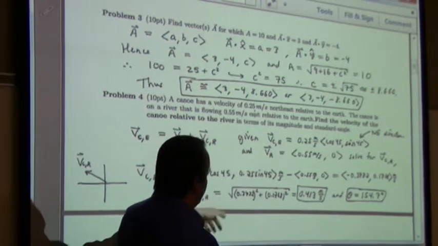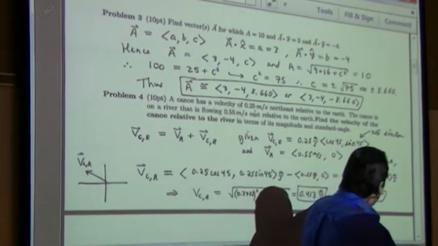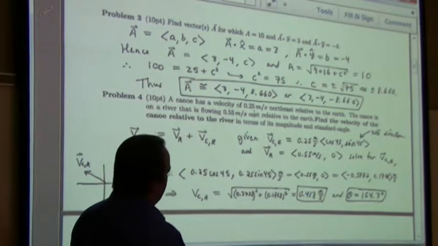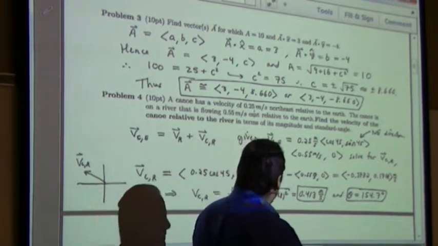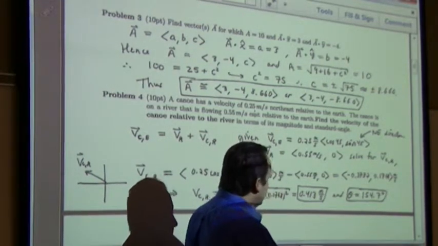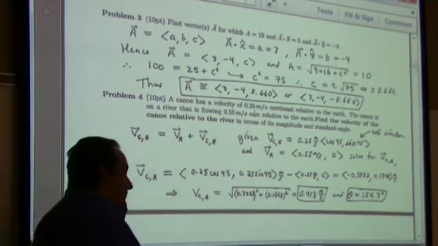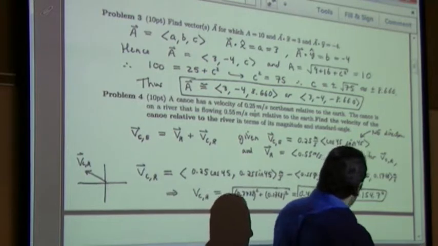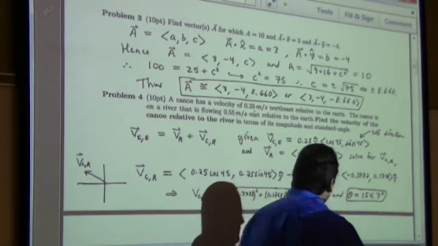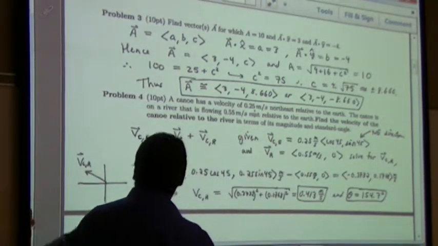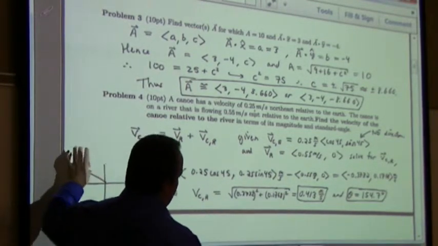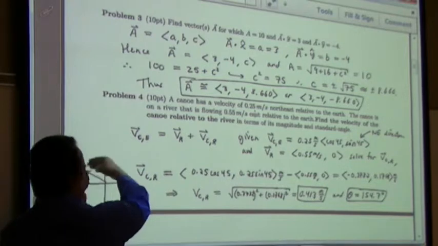And out pops this vector over here. And then what I have to do is, of course, find the magnitude. I asked you for the magnitude and the standard angle, so the magnitude squared is the sum of the squares, which turns out to be 0.413 meters per second, and the angle turns out to be 154.7 degrees. Now I know that's the right angle because I drew a little picture over here. I said, okay, well, I've got a negative x component, I've got a positive y component, so it's got to be up in here somewhere.